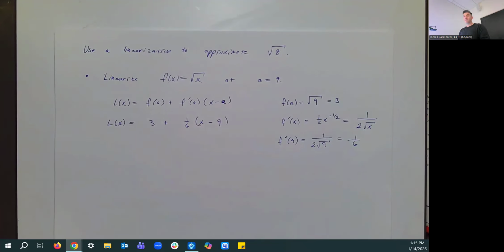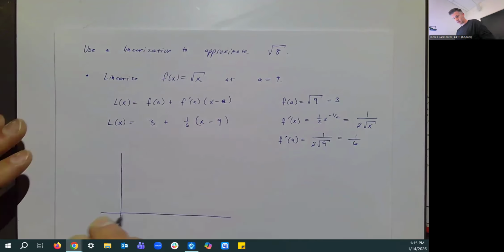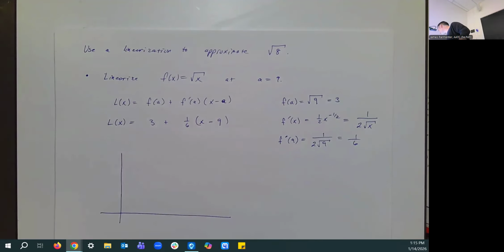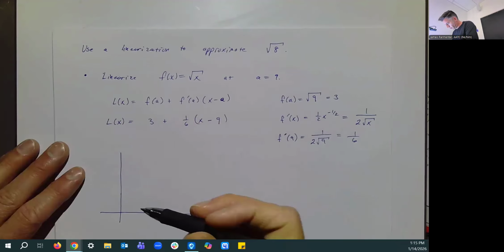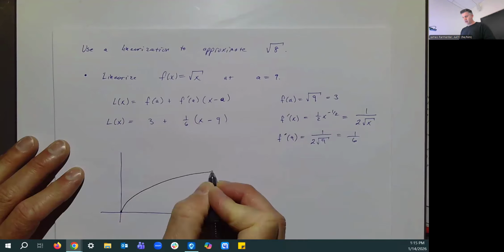Graphically, here's what we've done. We've taken our function, the square root of x, which looks like it usually looks. Here's your good old square root function, maybe exaggerated slightly.